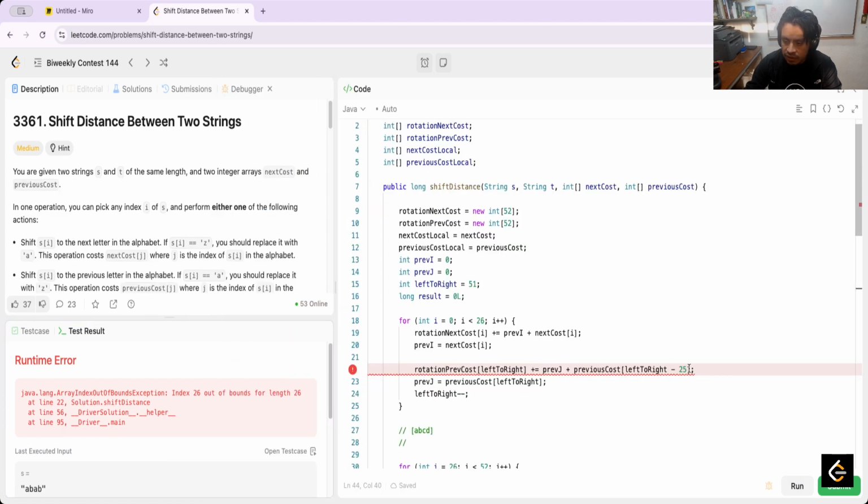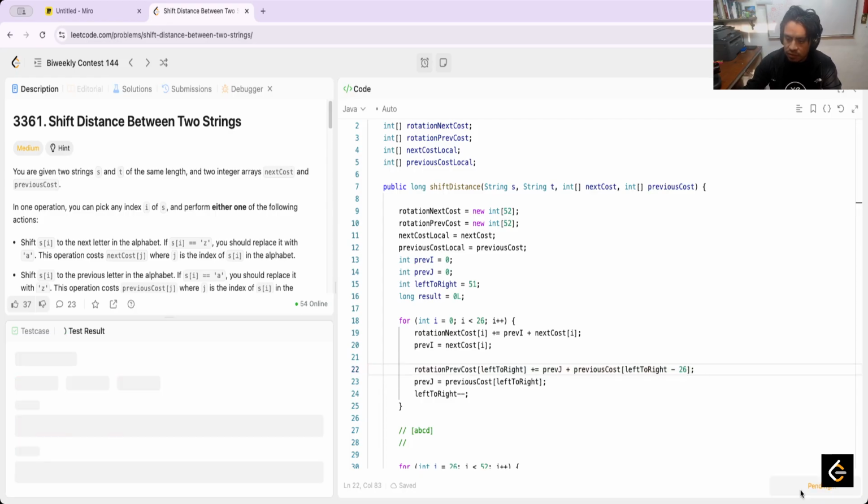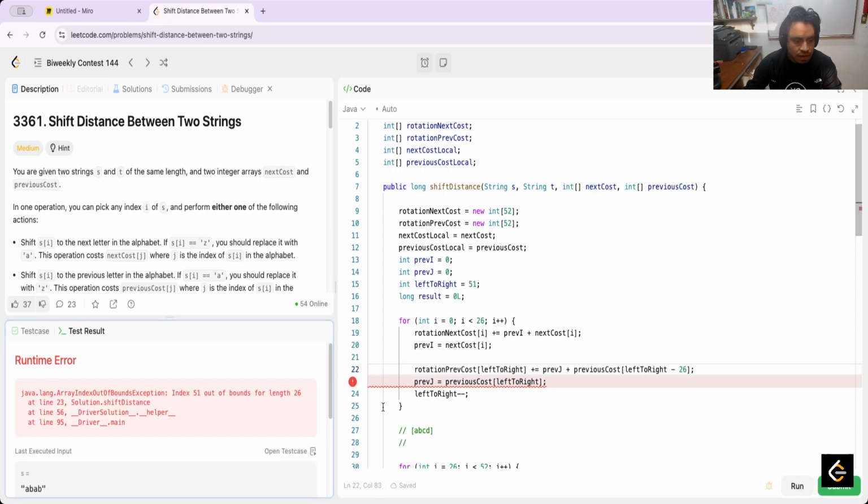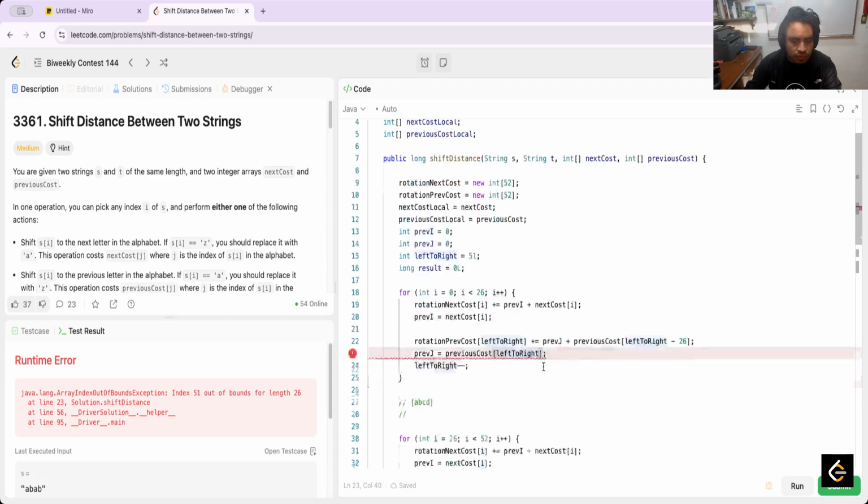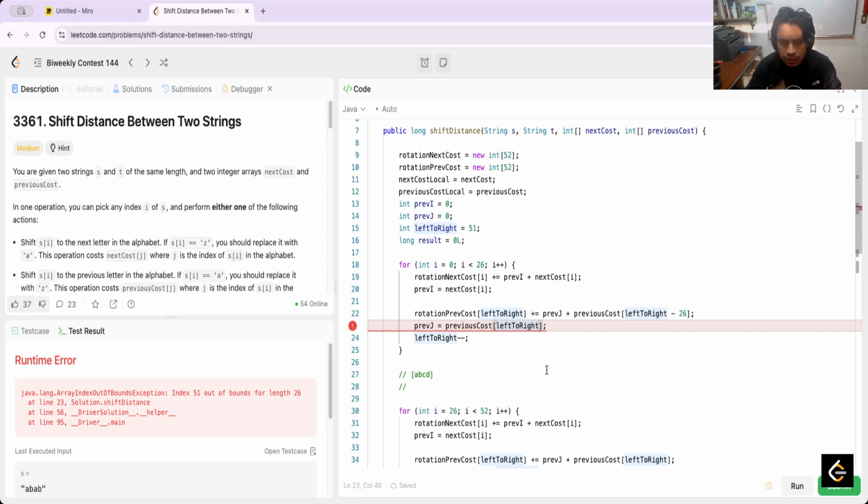Okay, I think that is 26. Previous cost, 26.